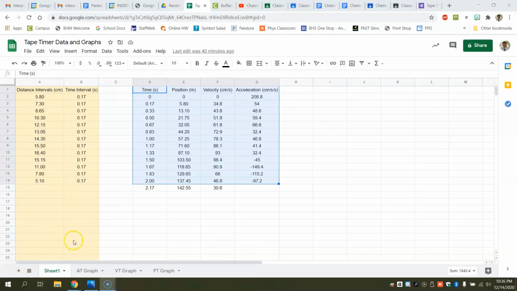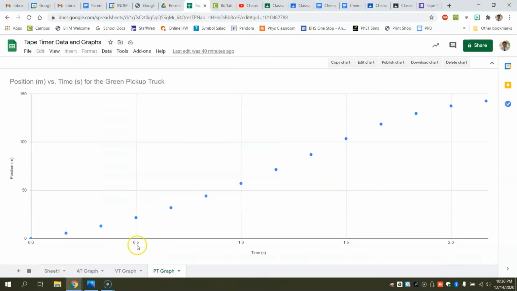All right, we're going to give you a little bit of help here as you go through and do the questions on the form. Let's start with the PT graph. When we look at the PT graph, again, the slope of the line is going to give us the average velocity. So we're going to estimate the slope of this line, using this point, maybe the middle point, and then the end points.